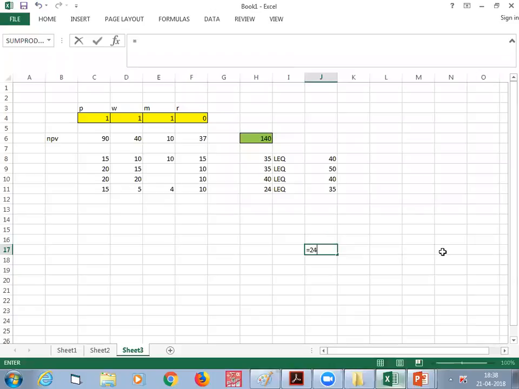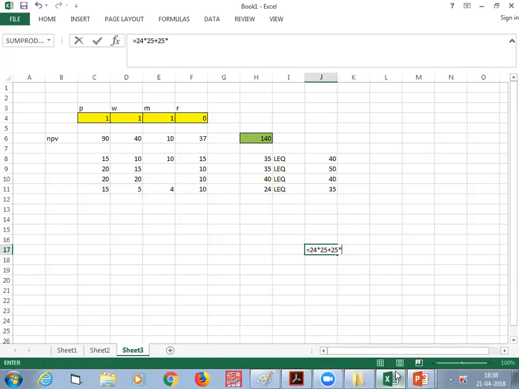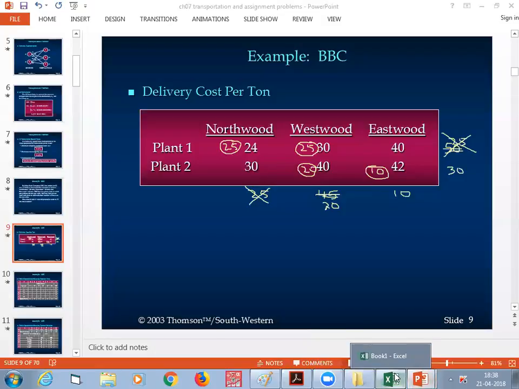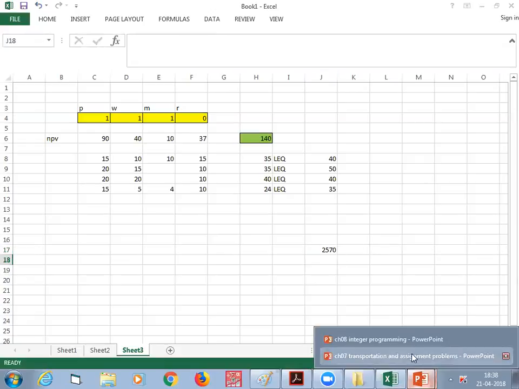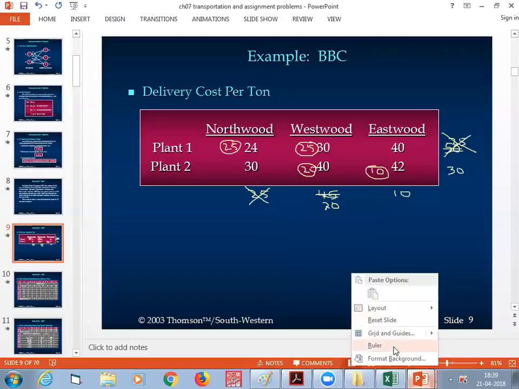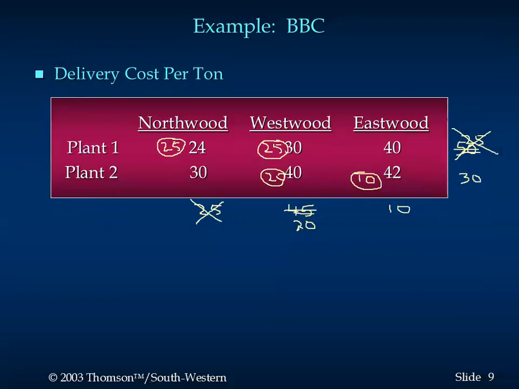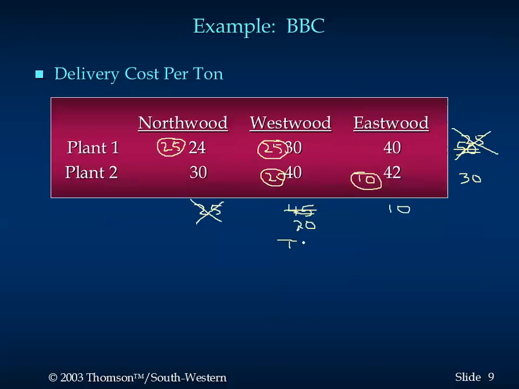What was it? 24 into 25 plus 25 into 30, plus 20 into 40, plus 10 into 42. Okay, 2570. Total cost is 2570.